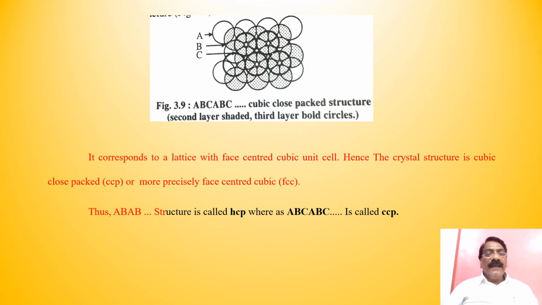Thus, the AB-AB structure is called HCP, hexagonal close packing, whereas ABC is called CCP, cubic close packed structure.